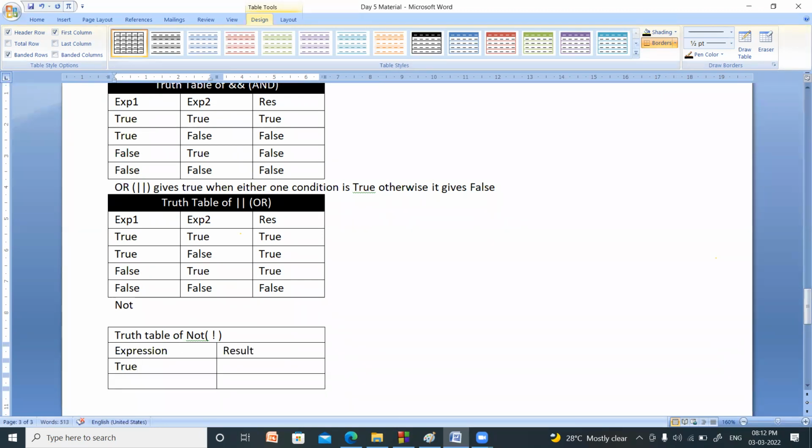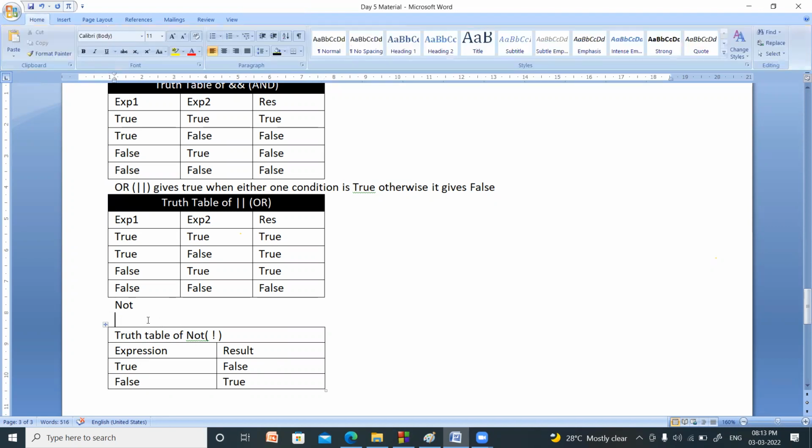First one is true, second one is false. If you put the not operator before true, then it becomes false. If you put the not operator before false, then it becomes true. Not false equals true, not true equals false. Is it okay? This is about truth tables.